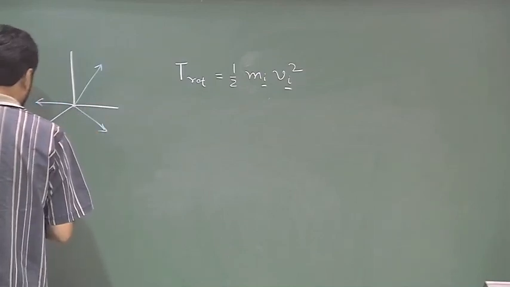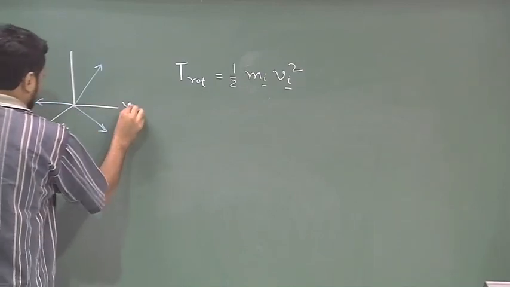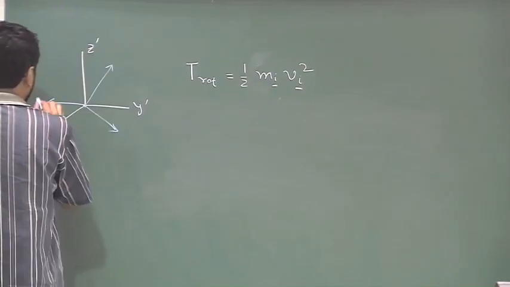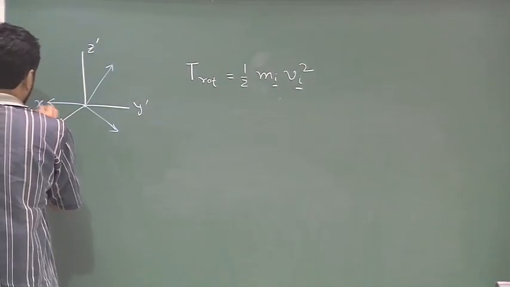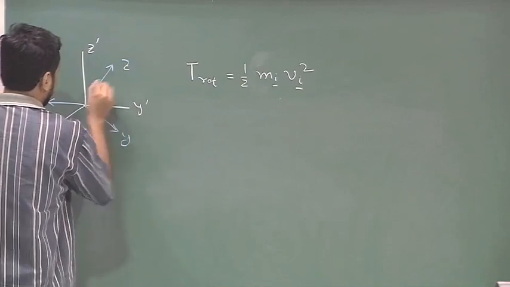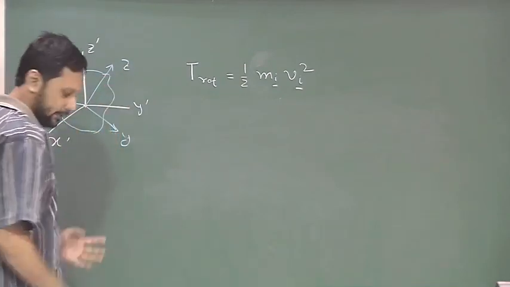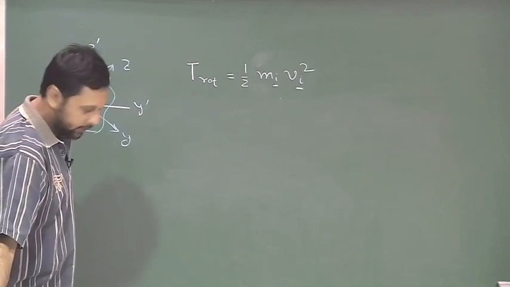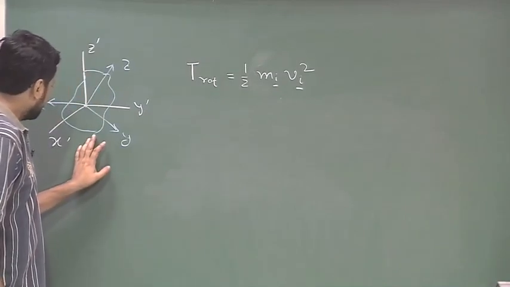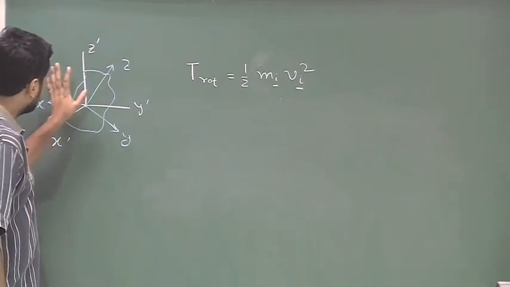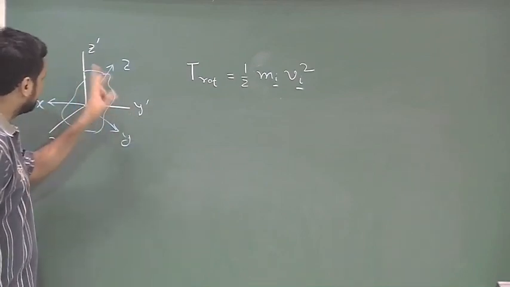So, we have the x prime, y prime, z prime axes, and we have the x, y, z axes which move along with the rigid body. And what we are doing here is simply writing the rotational kinetic energy of this rigid body.